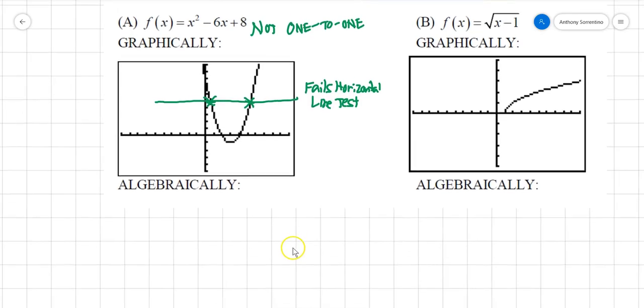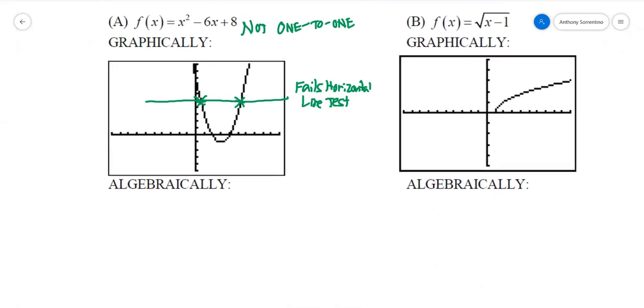Well, what I would do is rewrite it with y equals x squared minus 6x plus 8, and then I would find the inverse, which means the x and the y get changed around, so every x becomes a y, every y becomes an x.